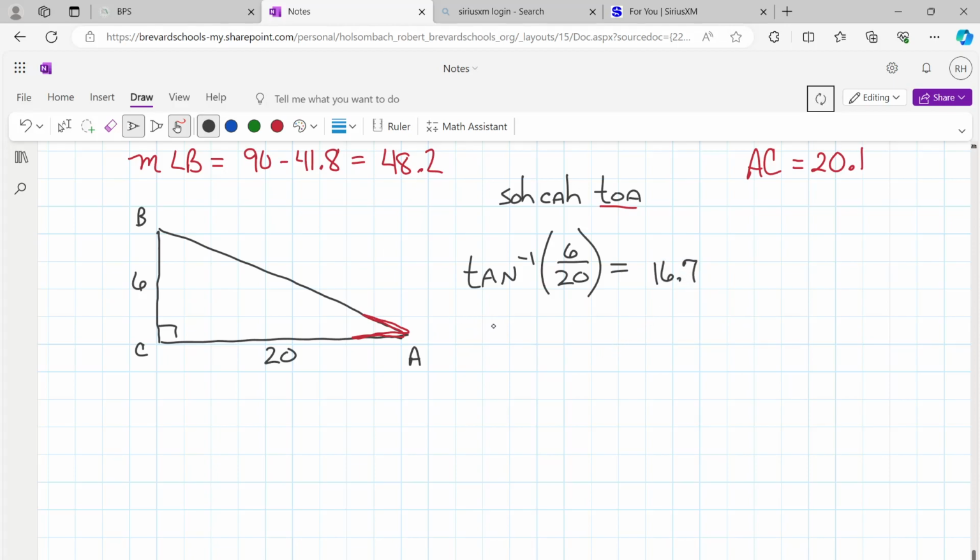All right, so the measure of angle A equals 16.7. The measure of angle B is equal to 90 minus 16.7, which is 73.3.